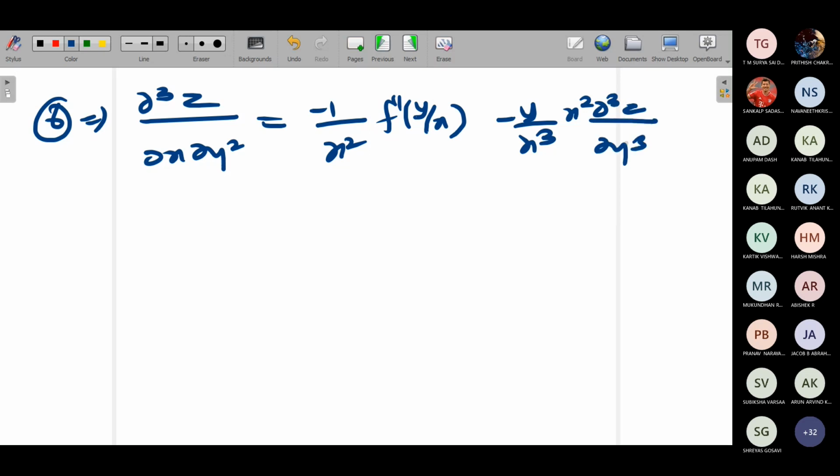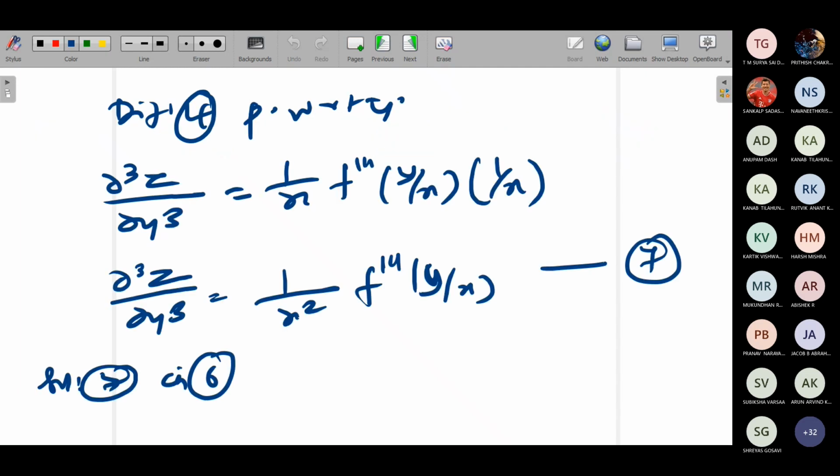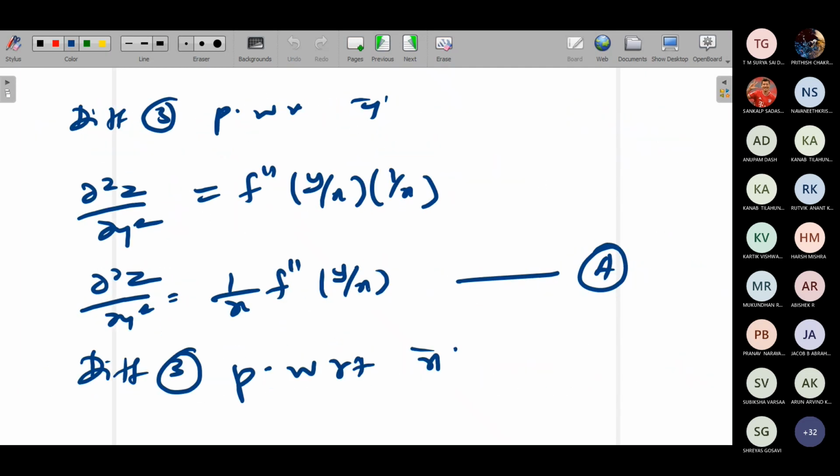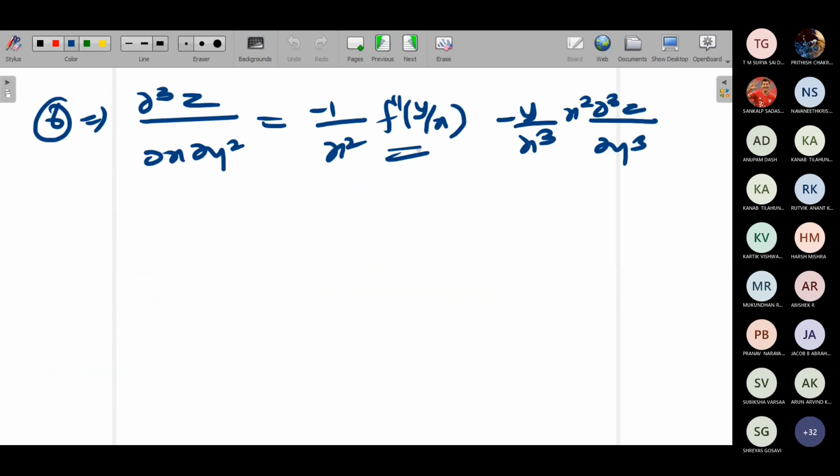Okay. And can I substitute f double dash of y by x by anything? Somewhere I've got f double dash of y by x alone. Yes. From here I can write f double dash of y by x as x into ∂²z by ∂y², equation 4. Yes, job is done.